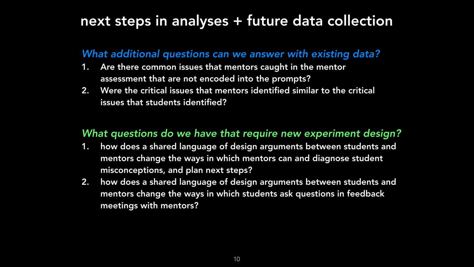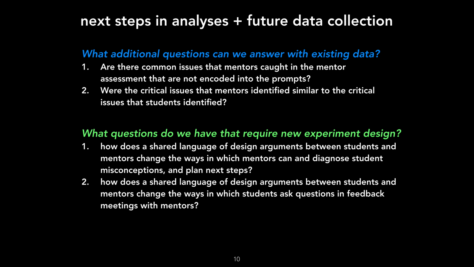We're curious to see how the critical issues that mentors identified were similar or different to the critical issues that students identified. Mentors also looked at the student issues and assessed how critical they thought those were, but we're curious about the overlap and criticality between mentor-generated issues and student-generated issues.